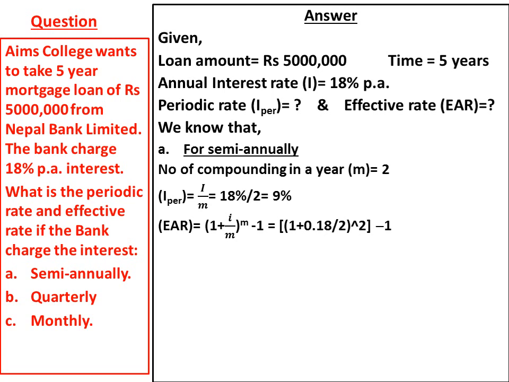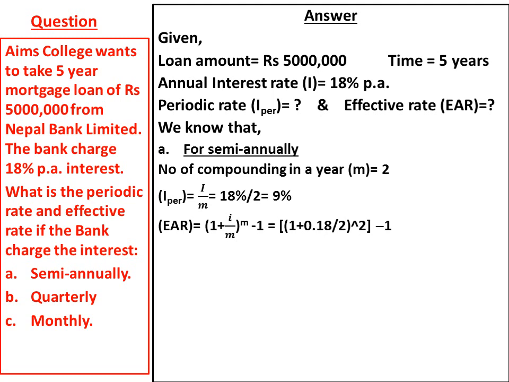You have to put the interest rate as per rupee. While you are calculating the effective interest rate, use the interest rate by dividing the percentage interest rate by 100. Here 0.18 is the per rupee interest rate.